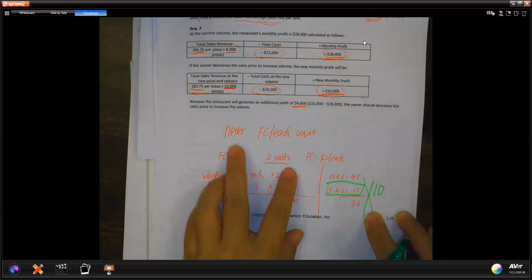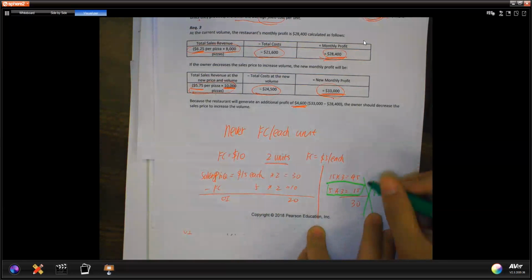Maybe the range is you can make 10 units. So when you only make 3 units, your total fixed cost, like your rent and insurance, will still be $10 for 3. You cannot just use $5 each times 3. That's not the way you treat fixed cost. So never ever use fixed cost per unit to make the decision. Your real operating income should be $35 instead of $30.